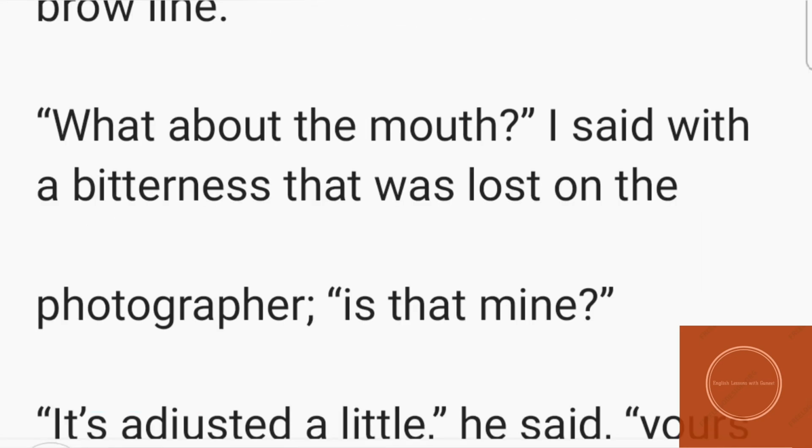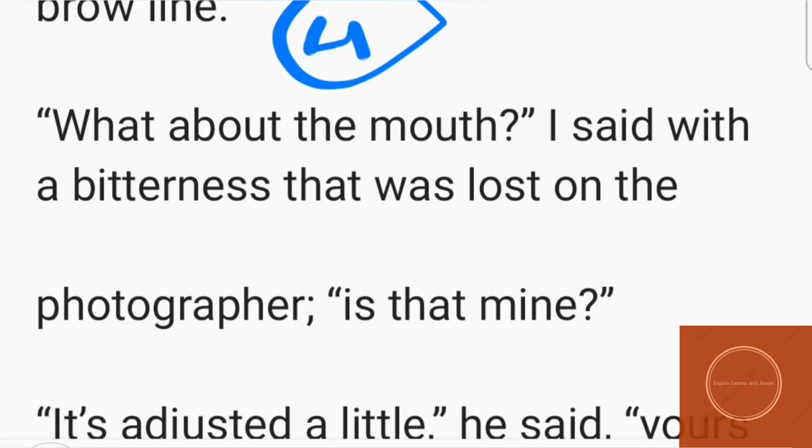"Then what about the mouth?" Now, the fourth thing they notice is that the mouth had also been retouched in some way. I said with a bitterness that was lost on the photographer, "Is that mine?" He confirmed once again that it was, but it didn't look like his real mouth.